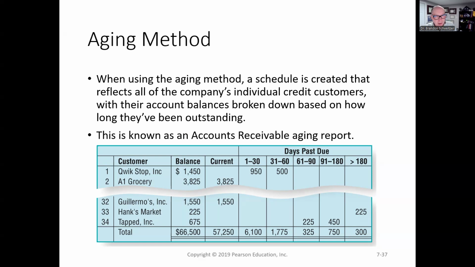As the aging report gets older, meaning the invoices become past due, 1 to 30 days past due, 10% of those aren't going to pay us back. 31 to 60 days past due, 20% not going to pay us back. 61 to 90, 40%. 91 to 180, 70%. Beyond 180 days, 90% not going to pay us back. Those percentages, again, are estimates, and they come from the company's history of knowing what has happened in the past.